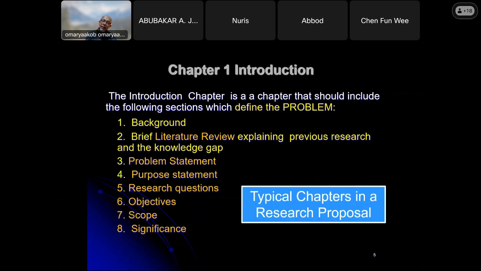You can write that as part of the problem formulation. In your problem formulation part, you can put section 2 as problem formulation. So that problem formulation includes the brief literature review and problem statement. At the end of it, you have a statement, problem statement.